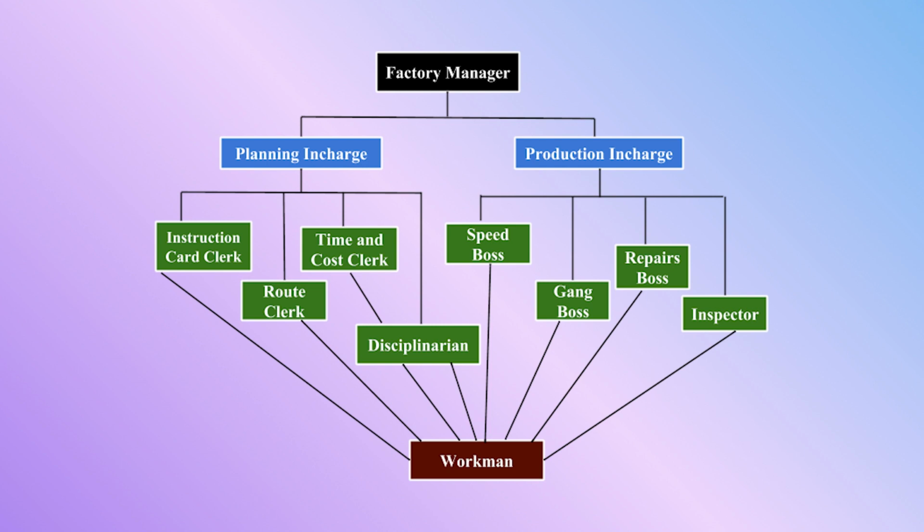These 4 personnel would draft instruction for the workers, specify the route of production, prepare time and cost sheet, and ensure discipline respectively. Under production in charge, personnel who would work were speed boss, gang boss, repair boss, and inspectors.